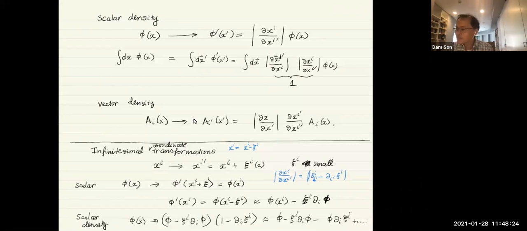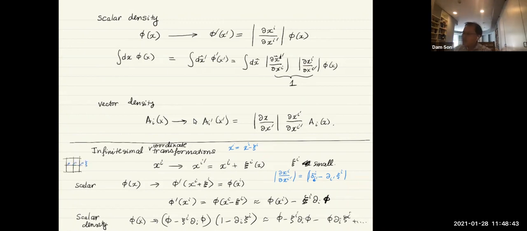So this xi, here I have some kind of coordinate system, let's even assume it to be Cartesian, and then at each point we shift the point by an amount equal to xi, right?